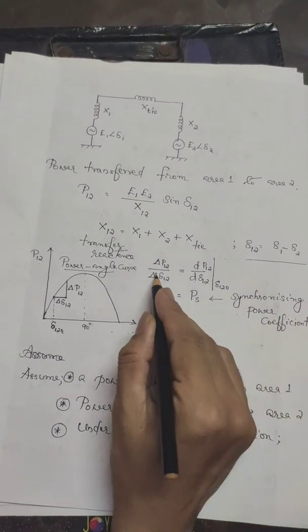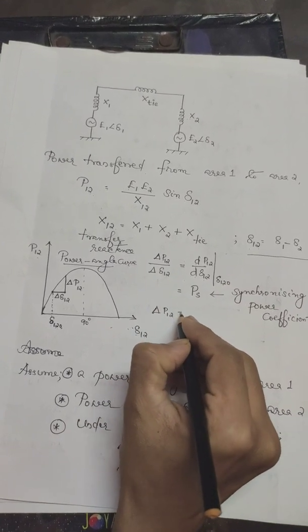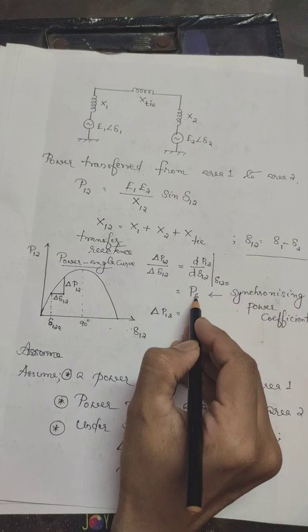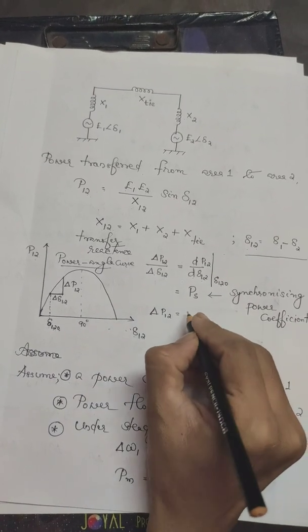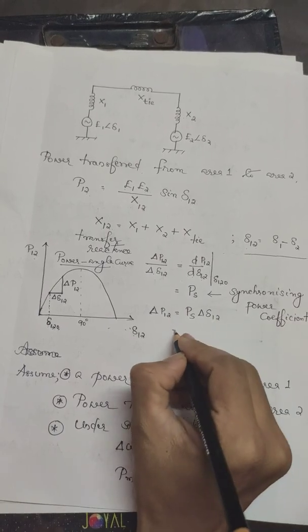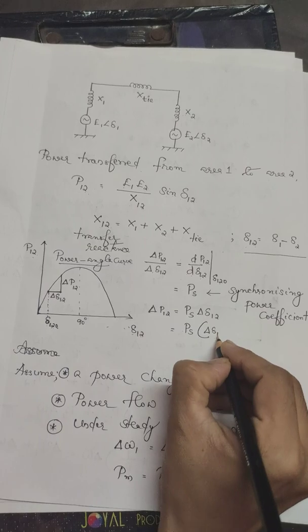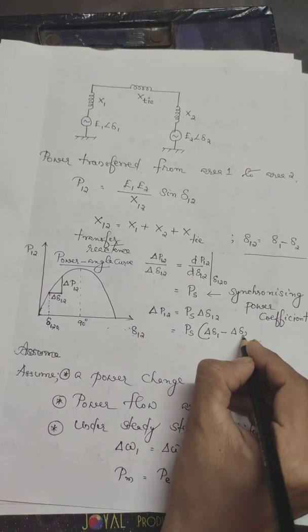So from this equation we can write delta P12 as delta P12 is equal to PS into delta 12, which is equal to PS into (delta 1 minus delta 2).